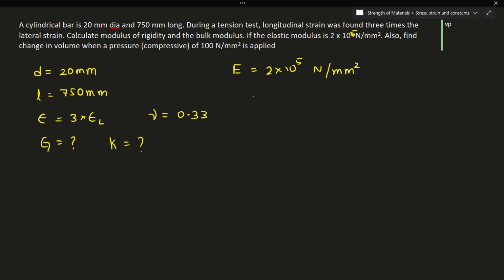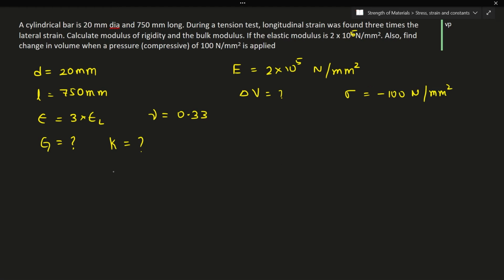And also find the change in volume, so I'll have to calculate delta V again, for a stress of minus 100 Newton per mm square. I've just directly taken the compressive load as minus here.